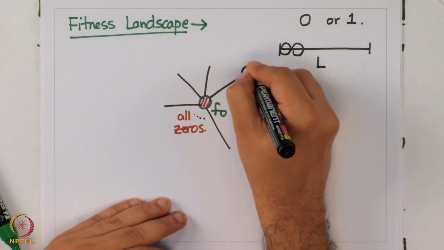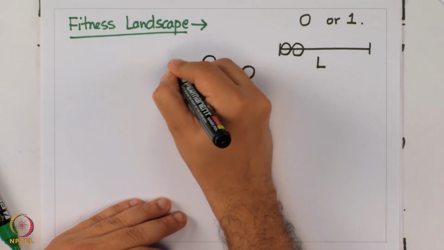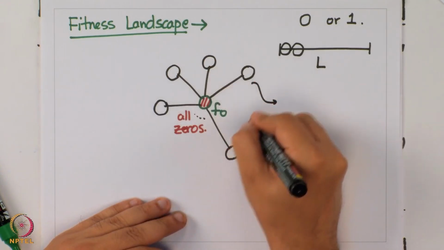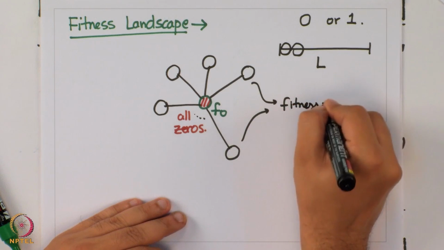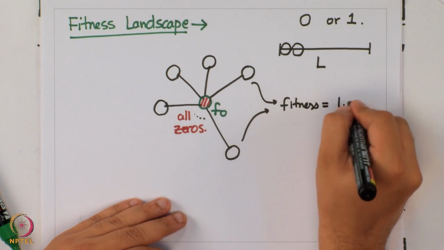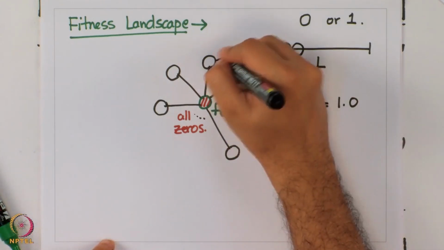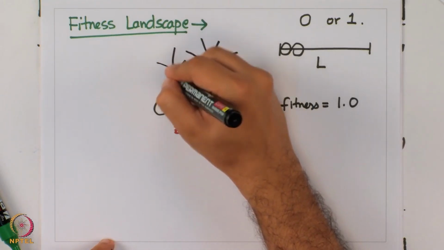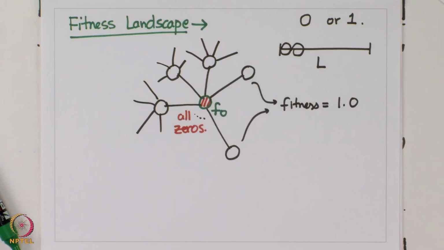So, let us represent these neighbors. All of them have fitness equal to 1 according to our definition. Of course, these nodes will have their own neighbors and so on, and the graph would spread around the peak like this.